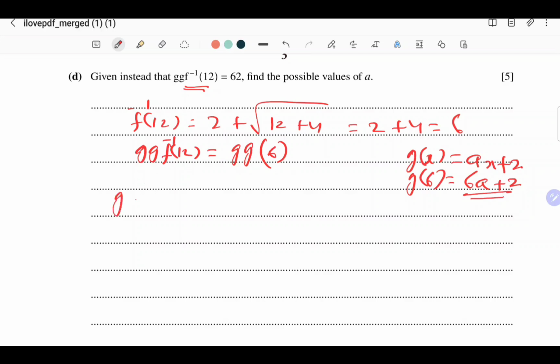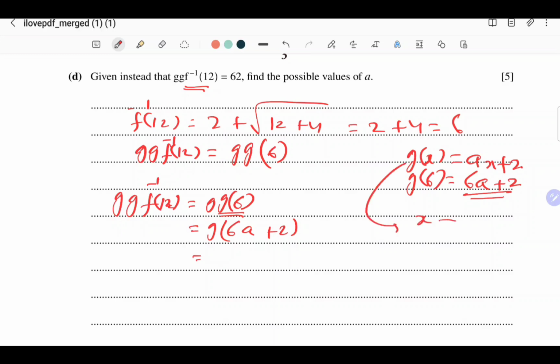Now g of f inverse 12 will be g of 6, and g of 6 we got is 6a plus 2. So now we need to find g of 6a plus 2.